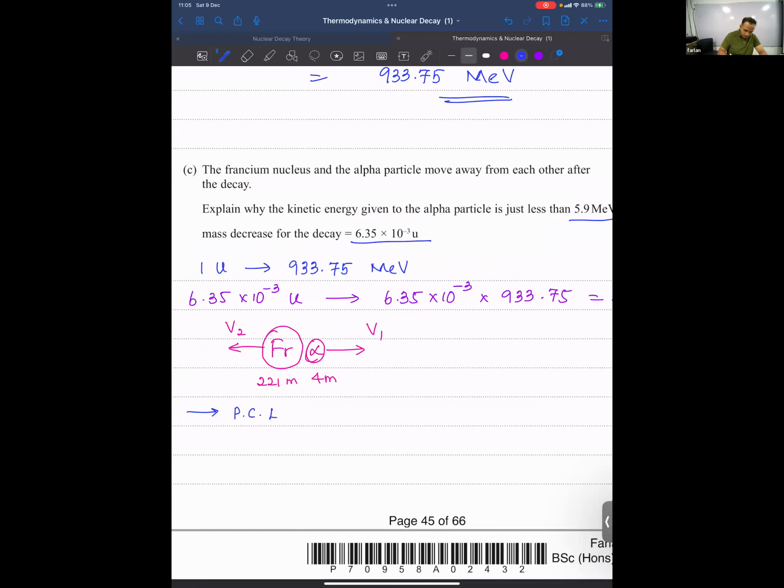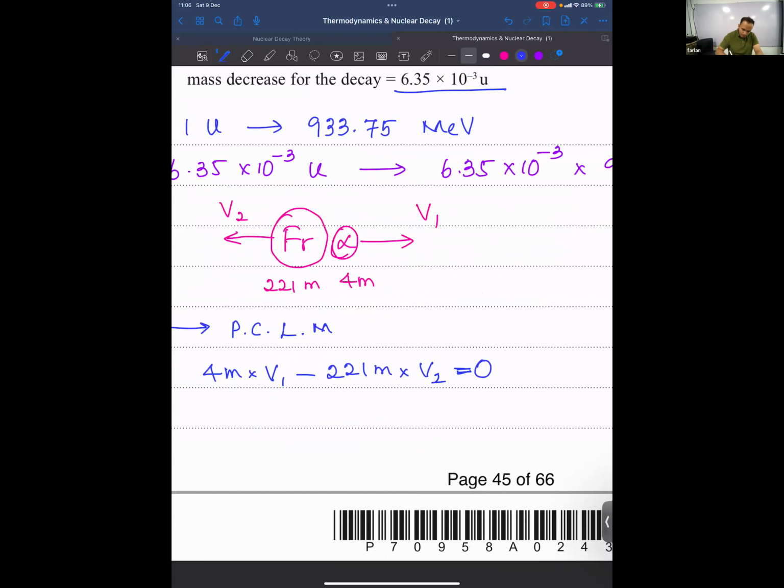Principle of conservation of linear momentum: 4m into V1 minus 221m into V2 is equal to 0, which is the initial momentum, which was 0. Am I right?